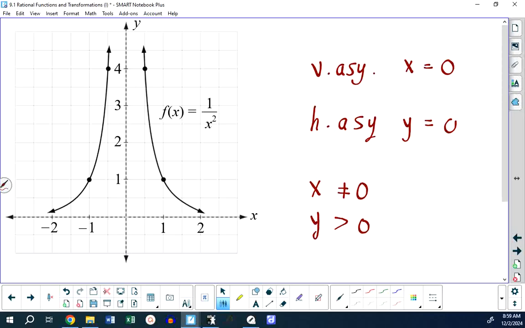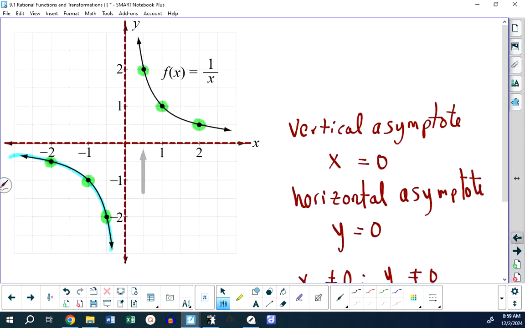Now, I do want to add a couple more things, because I started off today's lesson by saying it's important that we understand what is happening to the function as we approach a non-permissible value of x. And I'll go back to this one now. The non-permissible value of x is 0. So this is how we write it.